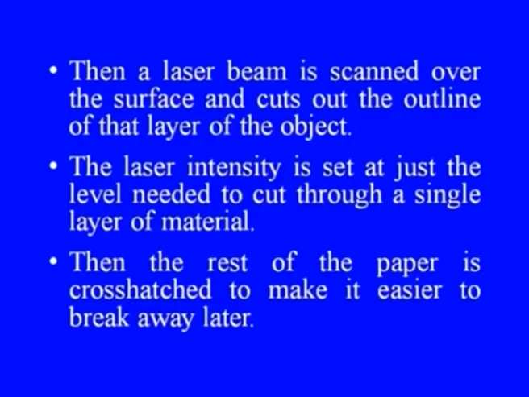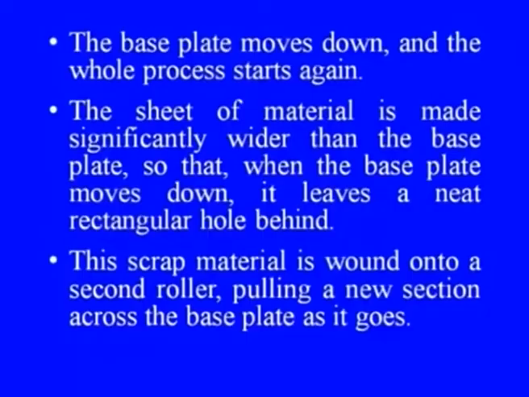Then a laser beam is scanned over the surface and cuts out the outline of the layer of the object. The laser intensity is set at just the level needed to cut through a single layer of material. Then the rest of the paper is cross hatched to make it easier to break away later. The base plate moves down and the whole process starts again.